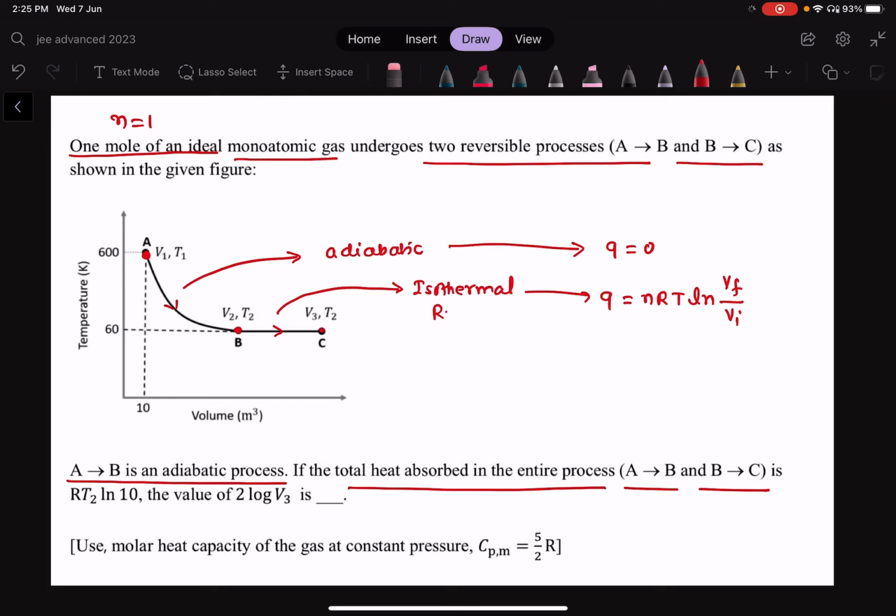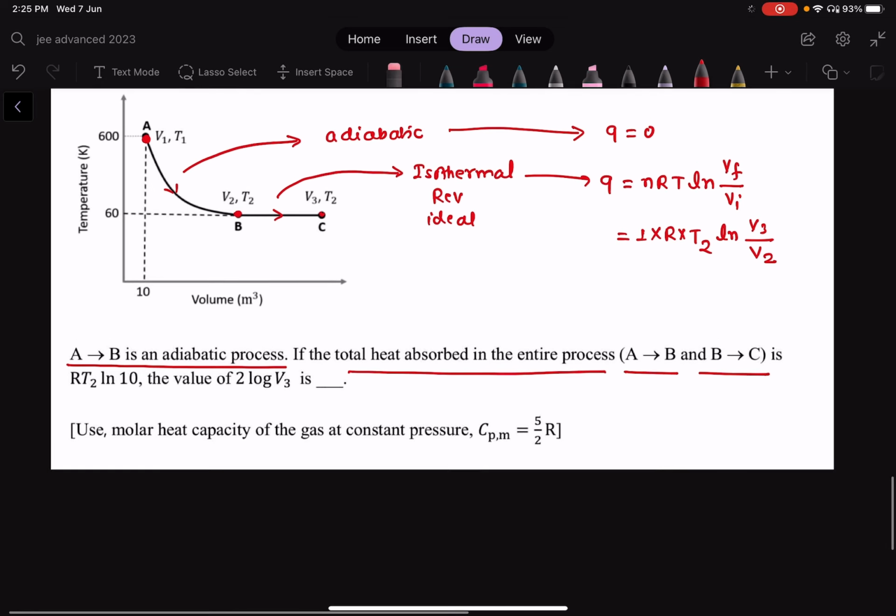It is isothermal reversible involving ideal gas, so we can apply this formula. n value is 1, R is R, temperature T2 is maintained from B to C, ln, and final volume is V3 and initial volume is V2 itself. So from the above discussion, going from A to B, Q will be equal to 0. Going from B to C, Q will be equal to RT2 ln V3 by V2.